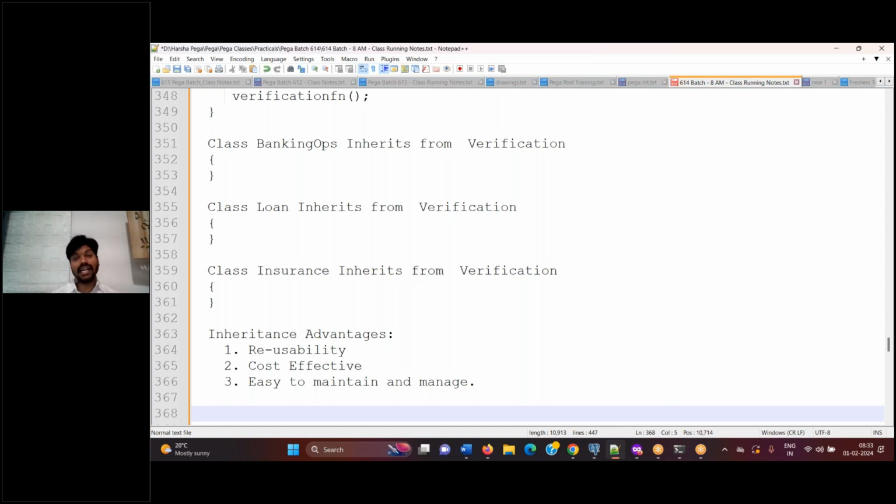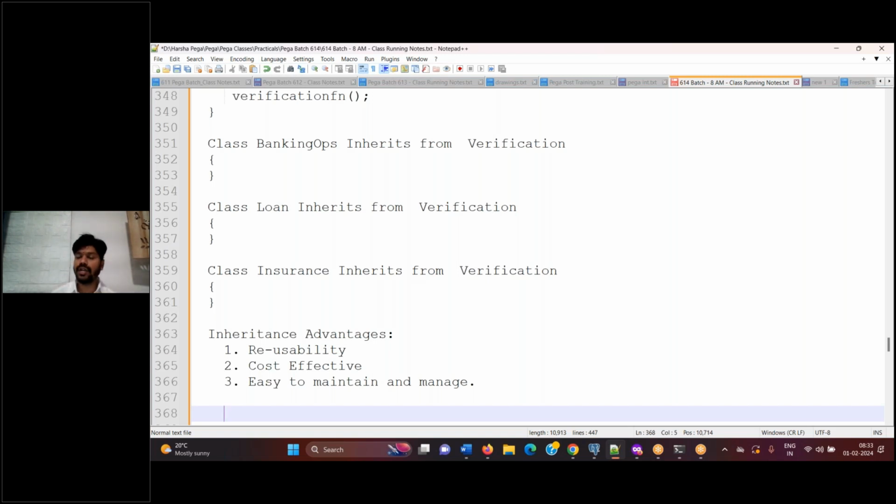A grandchild can access the property of the father as well as the grandfather. This chain is applicable to n number of levels. The bottom level can access the top level also, which is connected in the chain.